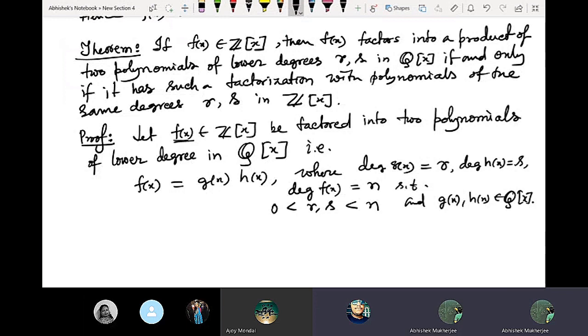That is, their coefficients are rationals.